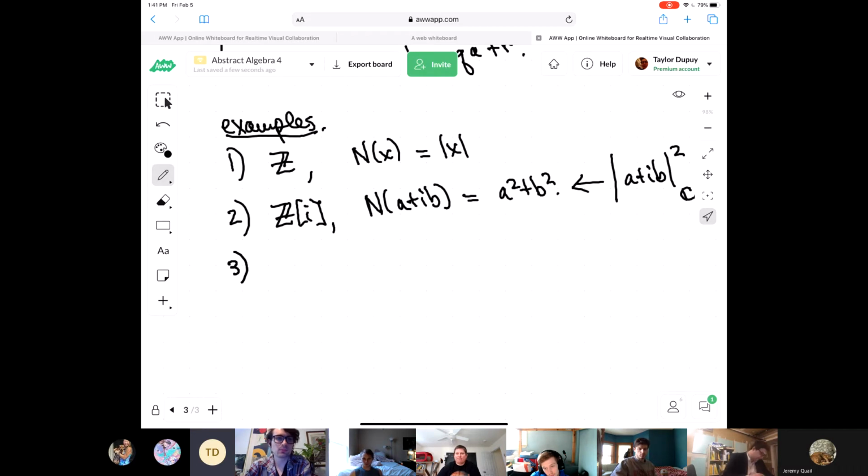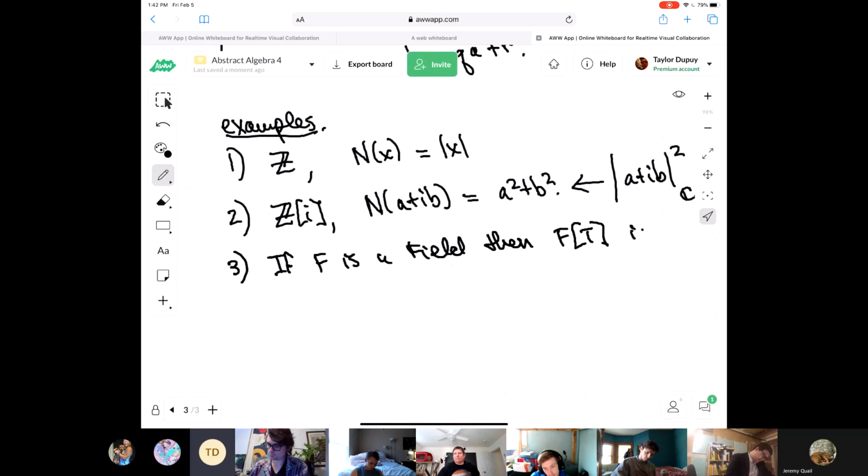It's an algebra thing. Three, if F is a field, then F adjoin T is a Euclidean domain. What's the norm here, do you think?